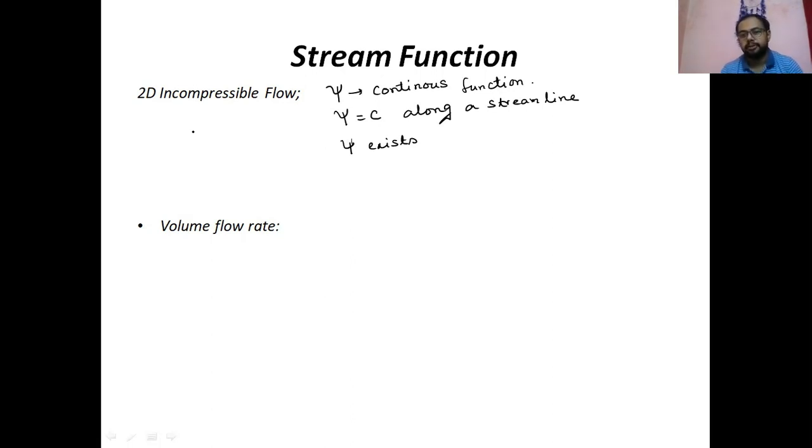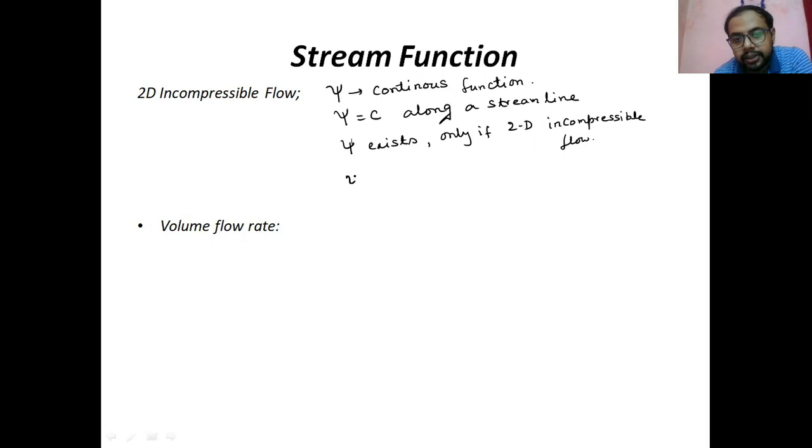And two-dimensional, of course. So psi exists only if it is 2D incompressible flow. Psi exists only if two-dimensional incompressible flow is considered.